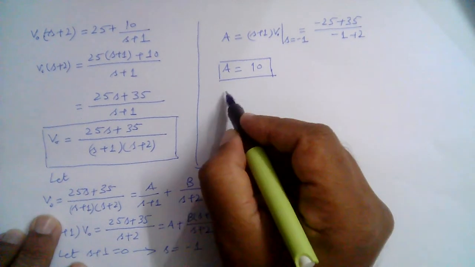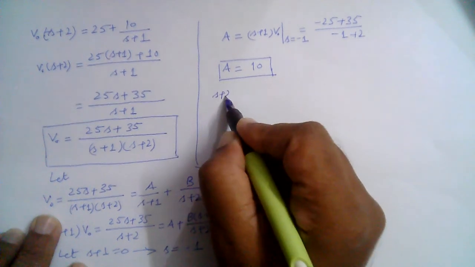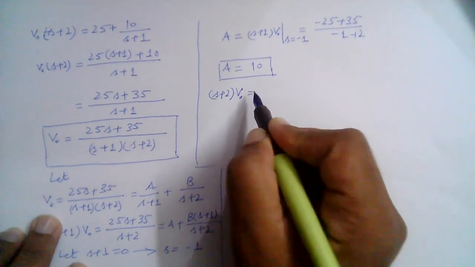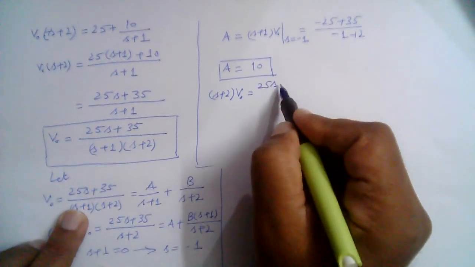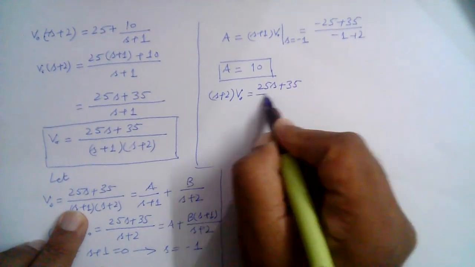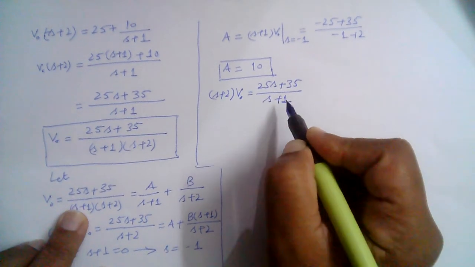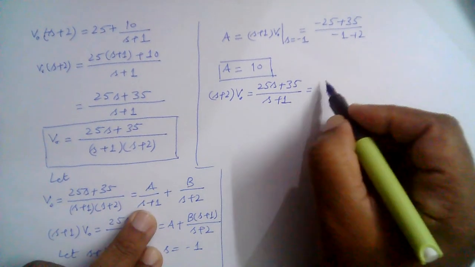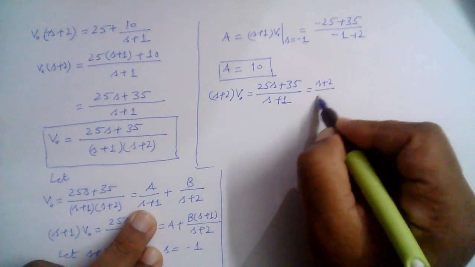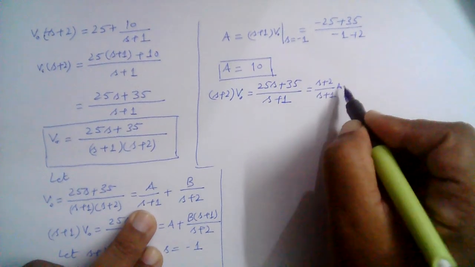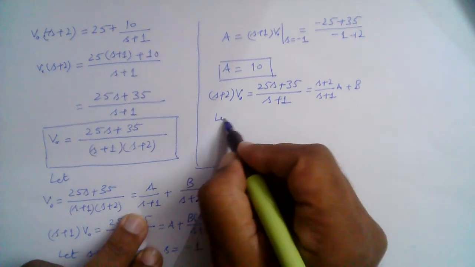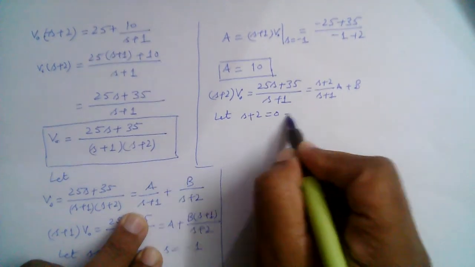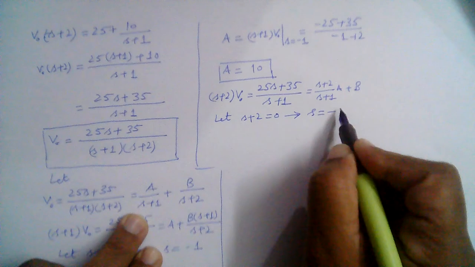So multiplying with S plus 2, (S plus 2) V naught is equal to (25S plus 35) divided by S plus 1, which is equal to (S plus 2) divided by (S plus 1) times A, plus B. We let S plus 2 is equal to 0, which means we put S is equal to minus 2.